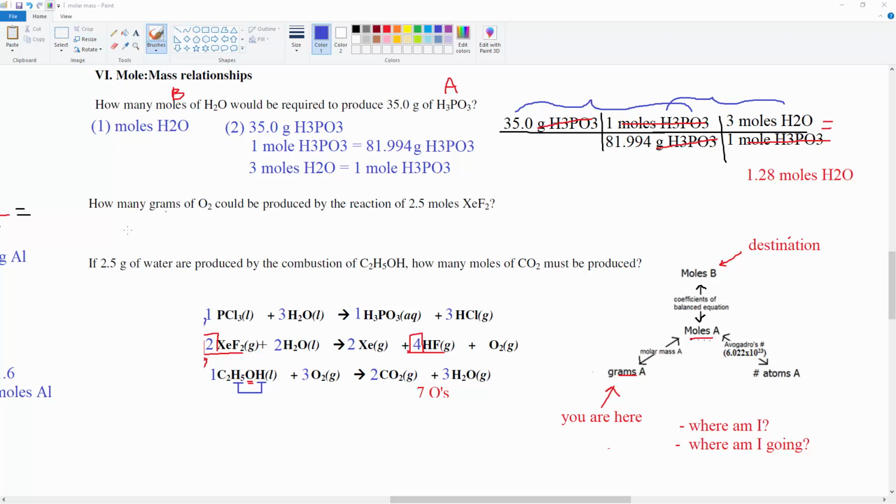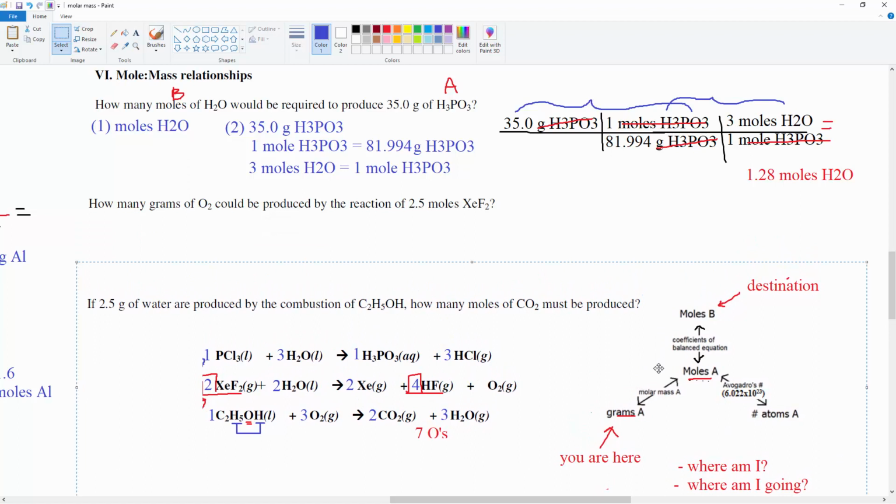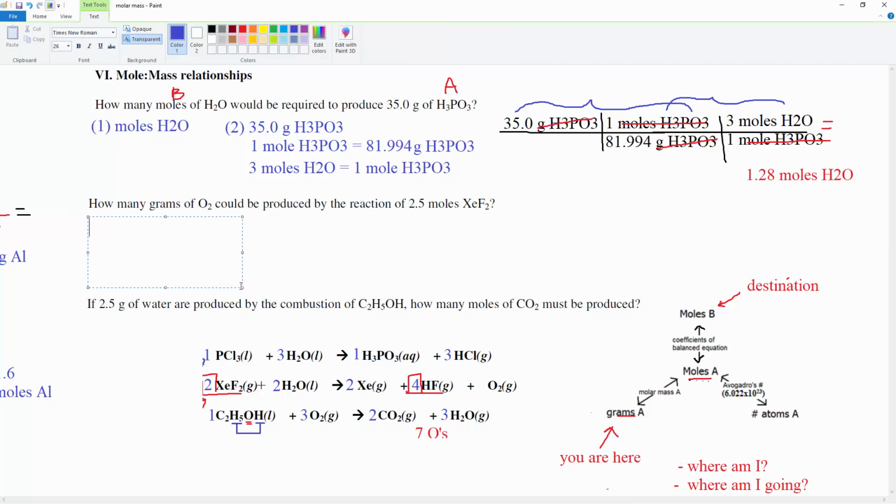Let's do one more, just one more, and then we've got to move on to the next section. Here it says, how many grams of oxygen could be produced by the reaction of 2.5 moles of XeF2? So first off, what are we looking for? Grams of oxygen.